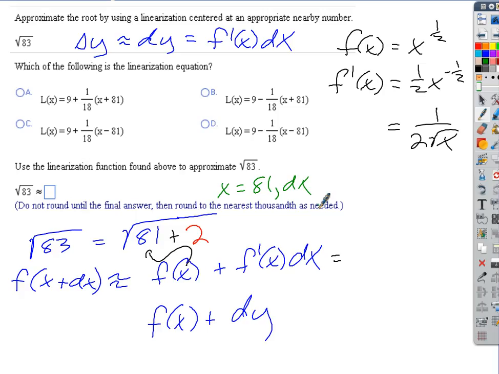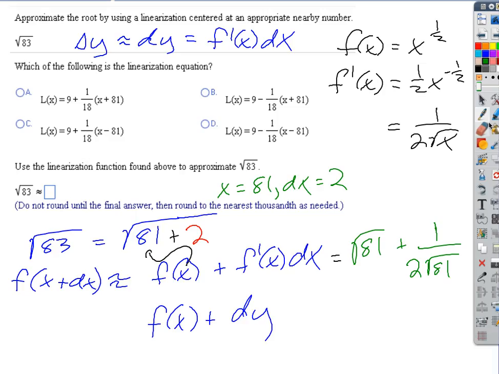So on the top, dx is just 2, right? So that's what this is going to give us. Now, which one of those things does that correlate to? That's going to be 9 plus, let's see, that gives us, in our case, see, this is a dumb way to write.